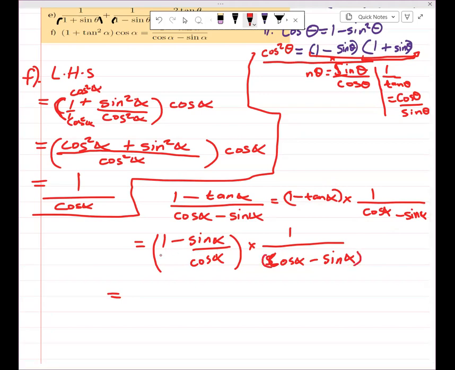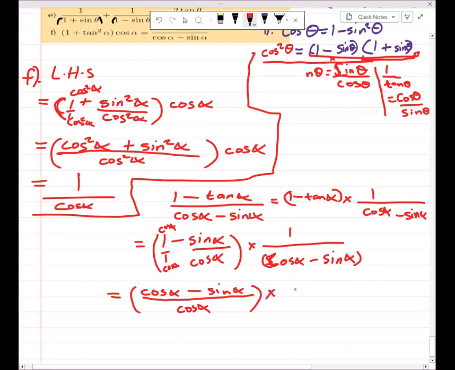The LCD is going to be cos alpha minus sine alpha divided by cos alpha, because here it's over 1, I need to multiply by cos alpha, top and bottom. Then I multiply by 1 over cos alpha minus sine of alpha, right?